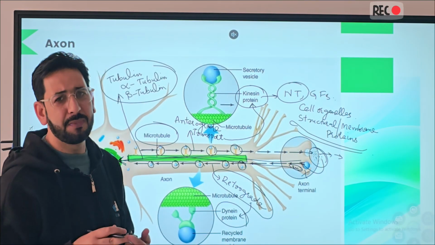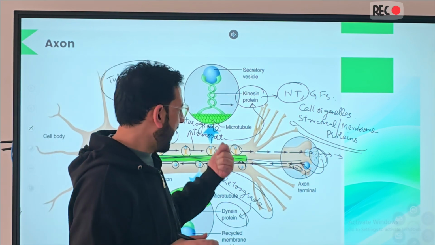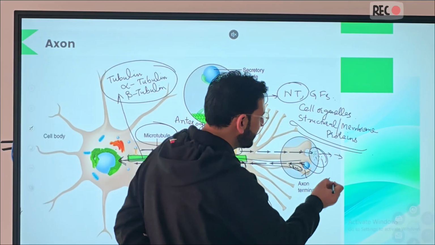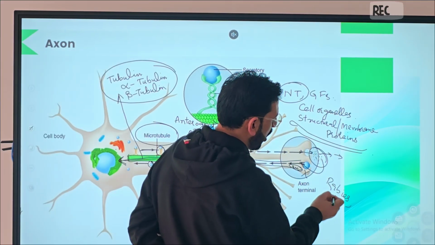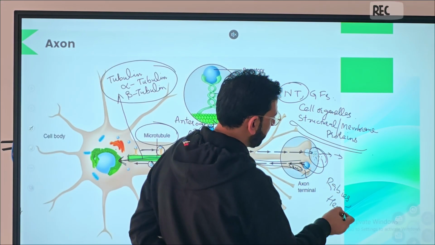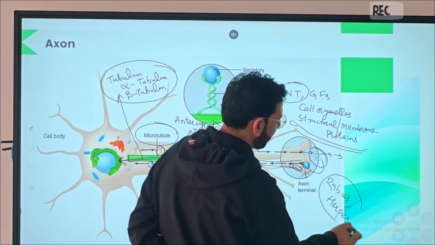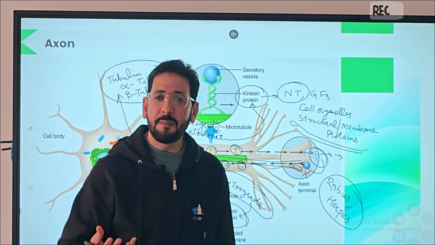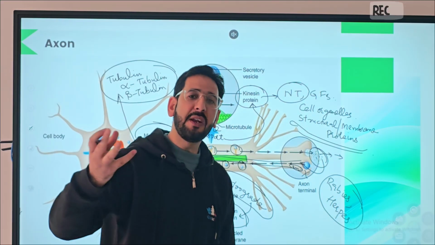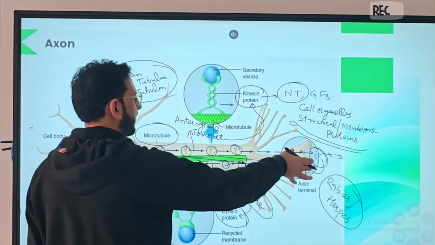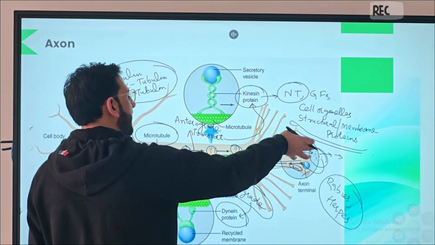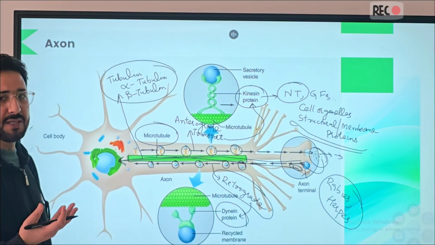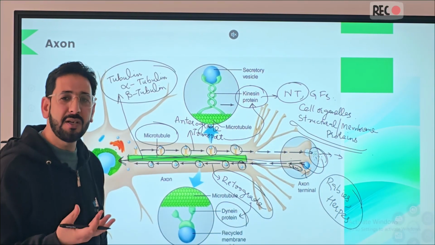Now, here is a clinical implication. These dynein proteins, for example, during viral infections such as rabies or herpes viruses, for example herpes zoster virus, actually infect the peripheral nervous system. They will infect the axon terminals, and they have to reach the cell body, because what viruses do is they hack the nuclear machinery of the cell.